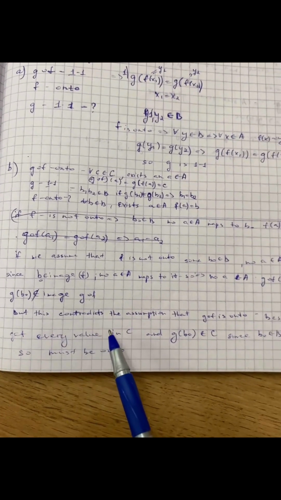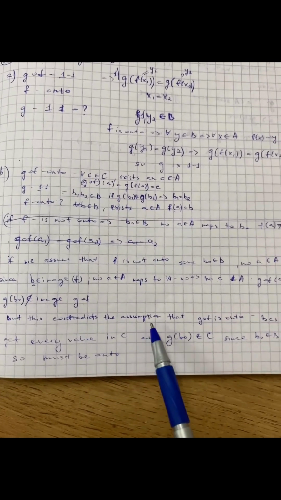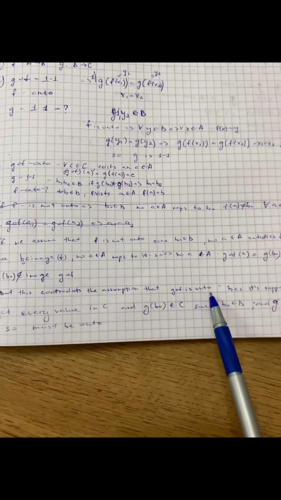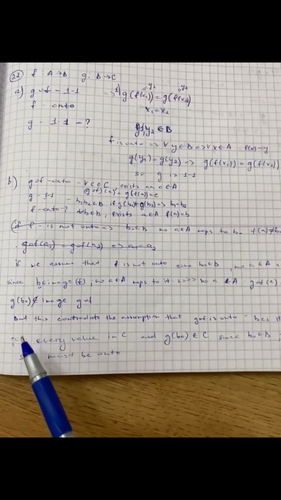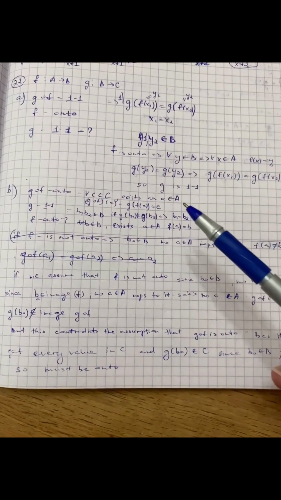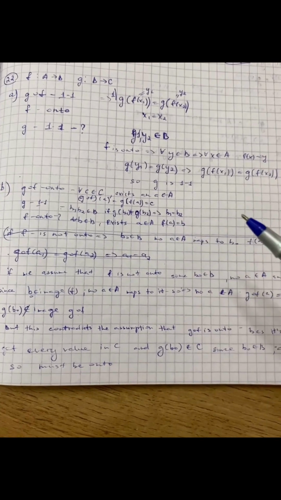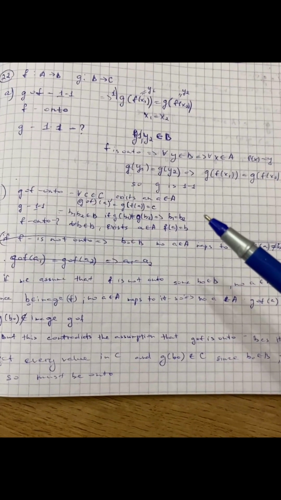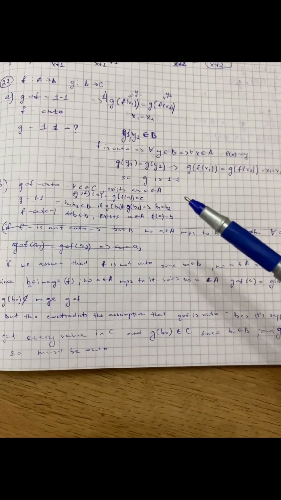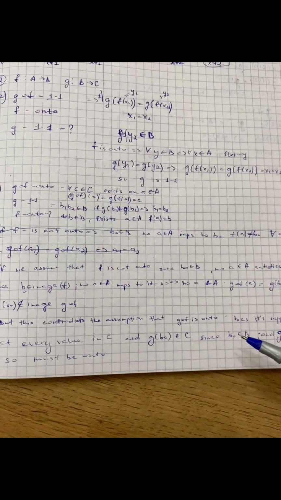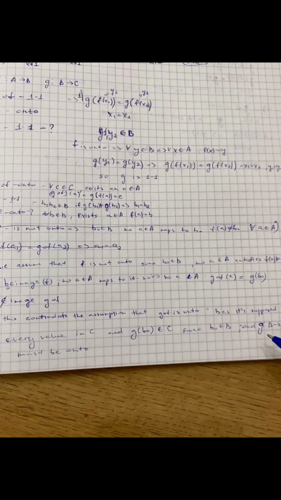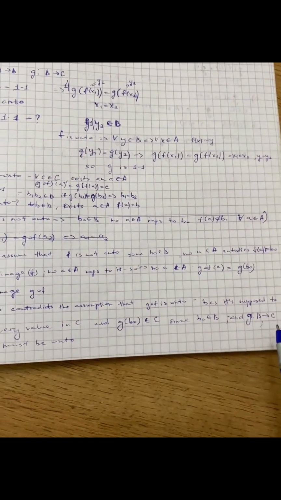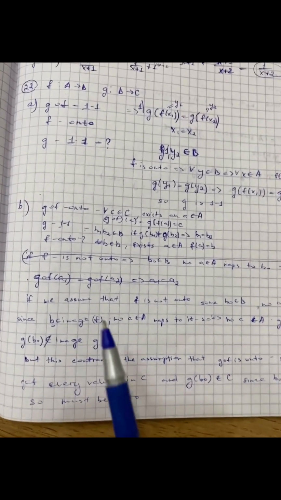But this contradicts the assumption that g of f composition is onto, because it's supposed to get every value in C, and g of b0 exists in C set, since b0 is in B set and g maps B to C, so this must be onto.